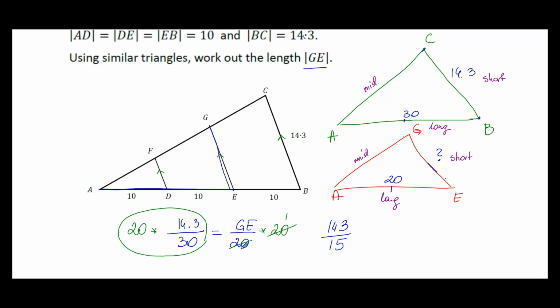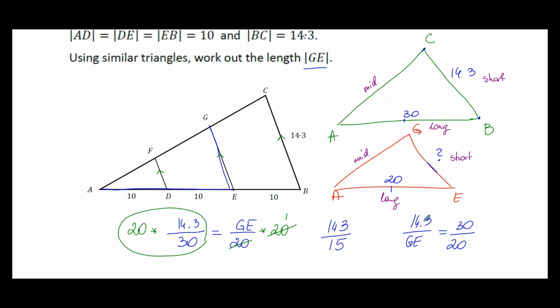However, I just want to show you that that is one way of building this ratio. I could build it differently. For example, I could say 14.3, the short side in the big triangle, relates to the short side in the small triangle, as the long side in the big triangle relates to the long side in the small triangle. I could do it that way as well.